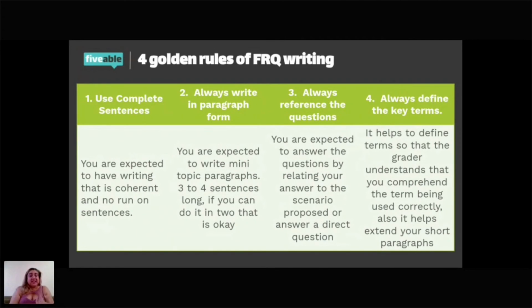Okay. Use complete sentences. Always write in paragraph form. Always reference whatever the scenario is. So if the question revolves around Bandura, you shouldn't have an answer with the key term without talking about Bandura and Bobo the Clown. If you don't apply it, you're not going to get the point. And always define the key term because it expands it.